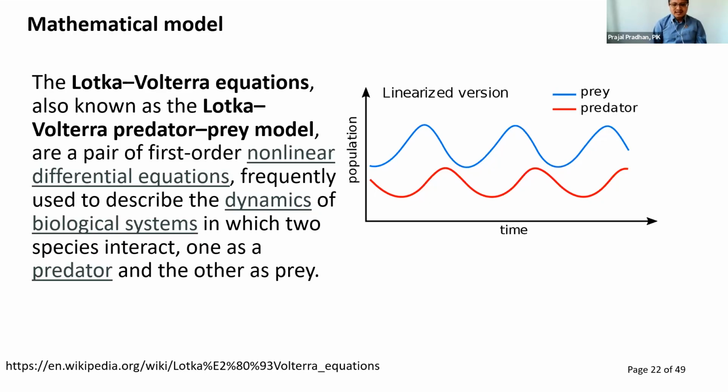let's say, ecological modeling. Depending upon the parameters, if there are a lot of predators and a small amount of prey, what will happen is that a lot of predators will eat all the prey, and then they will go hungry and the population will collapse.